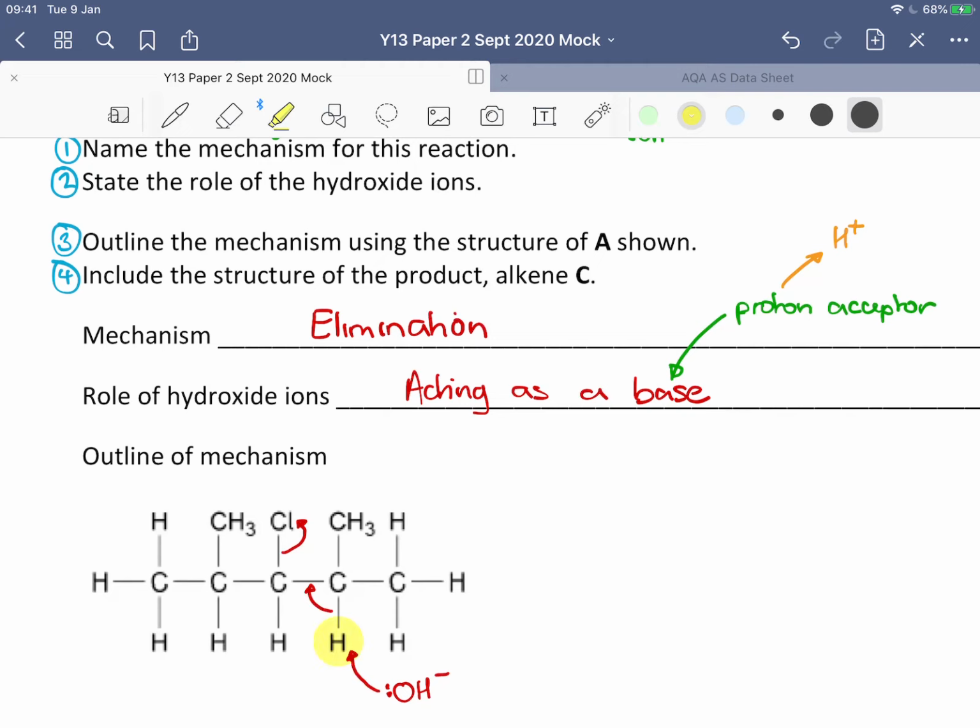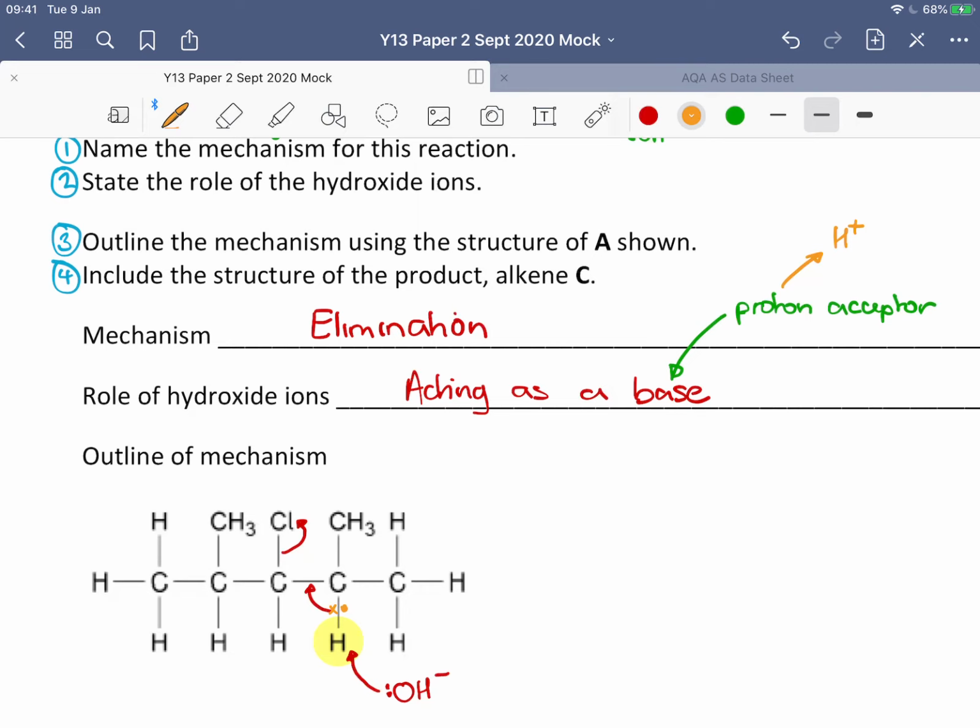Now the hydroxide is acting as a base because if you look at this hydrogen here, when it's bonded to the carbon, there are two electrons, right? So let's draw those. They're a shared pair of electrons. That's what a covalent bond is. One of those was originally the hydrogen's. So let's, for the purposes of this, say it's the X. So that's the hydrogen's electron, and then the dot is the carbon's electron, and they're sharing.